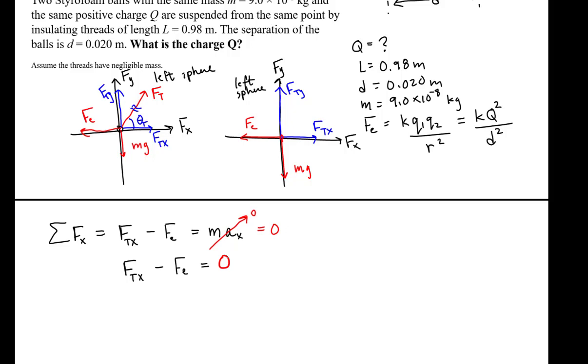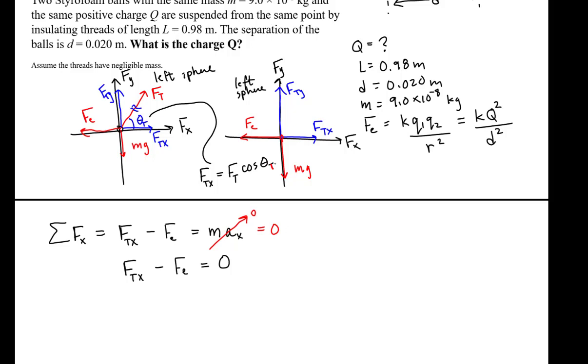If we go back to our free body diagram, we see that the force of tension in the x direction is equivalent to the adjacent side of a right triangle where the components of our tension correspond to the legs of the right triangle. So that means that our x component of tension is equal to the magnitude of tension times the cosine of the angle that the tension makes with the x-axis.